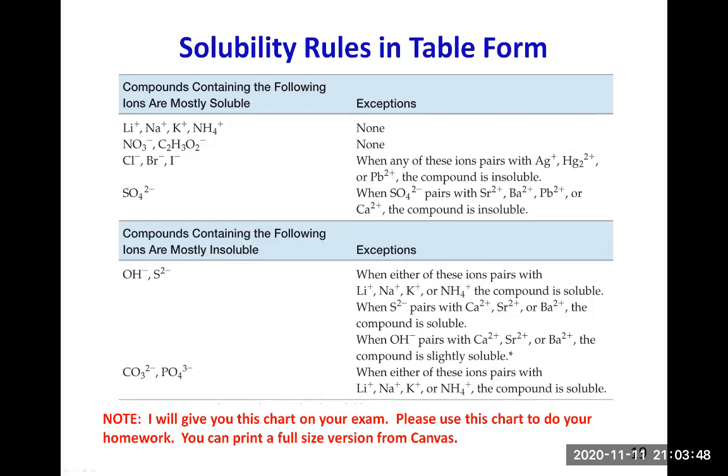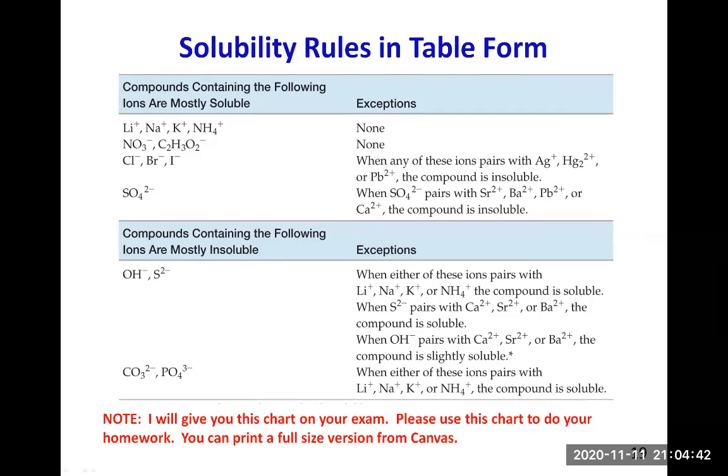When you have the ammonium ion in a compound, you see that it's listed among the mostly soluble compounds. So there is no exception. When you have the ammonium, it's always soluble. So the ammonium sulfate will be soluble. There is no exception when you have the ammonium.